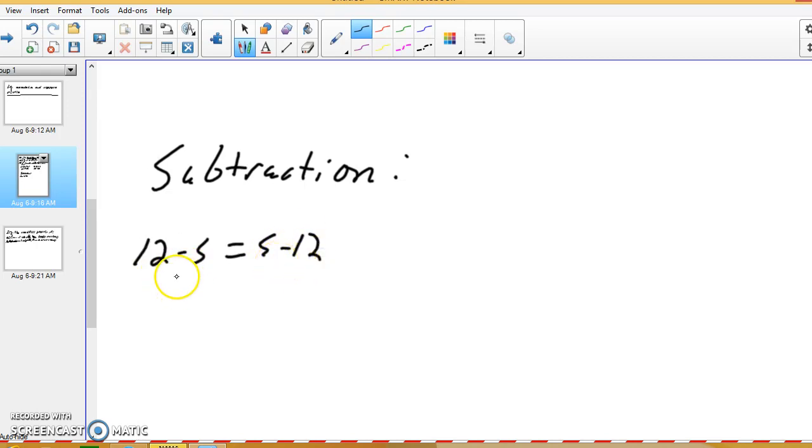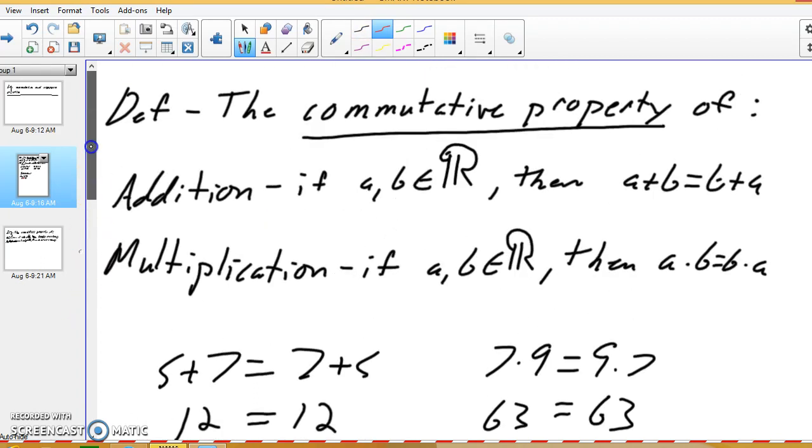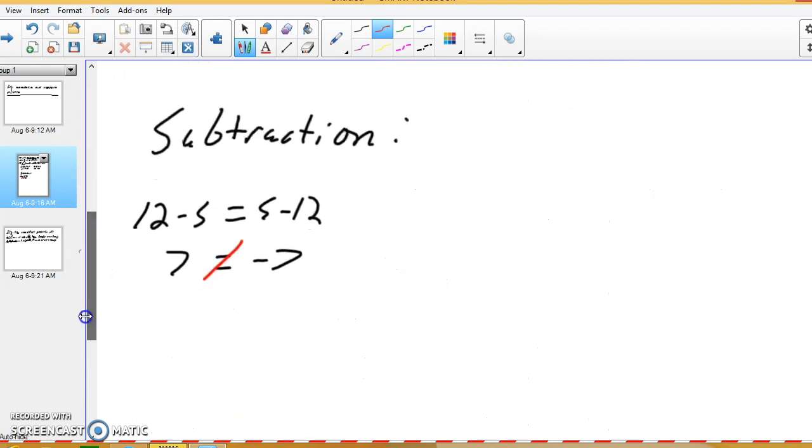Well, 12 minus 5 is equal to 7, but 5 minus 12 is equal to negative 7. And those don't equal each other. This would be true for any sets of real numbers. So for this reason, there is no commutative property of subtraction, only of addition.